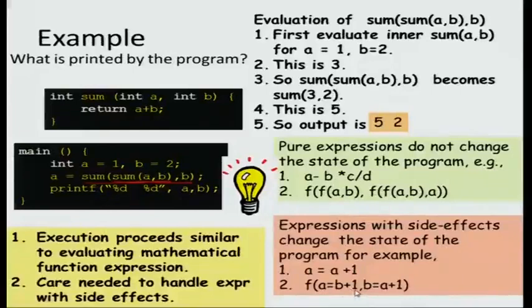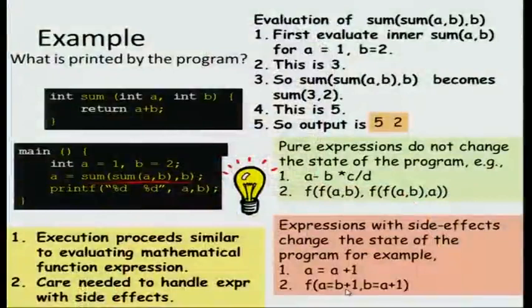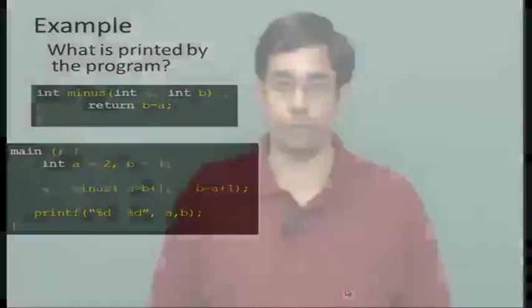So in particular, assignment expressions can be given as arguments. For example, a equal to b plus 1 is an assignment expression which is given as an argument to the function. Such expressions are called expressions with side effects because they change the state of the program. When you have side effects, you should be careful.